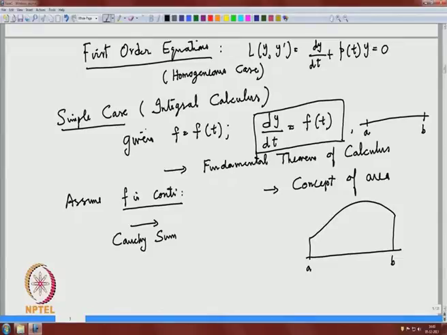If f is a continuous function, the area exists, that you prove by dividing this region into small pieces and defining the Cauchy sum, and showing that the Cauchy sum converges. And this area is what you call the integral from a to b, or t naught to t if you want. If you call this t naught, you call it t naught to b.